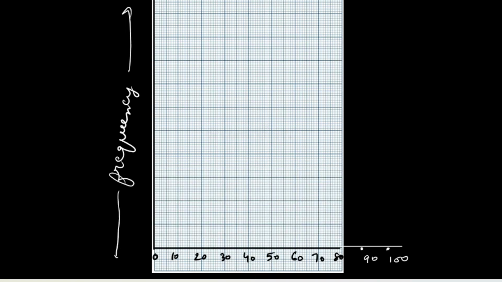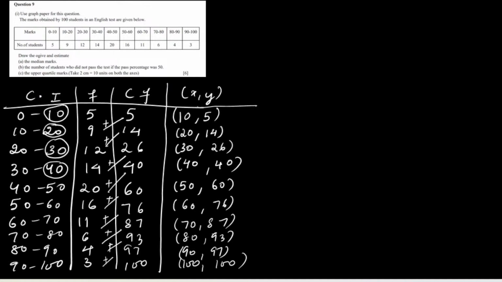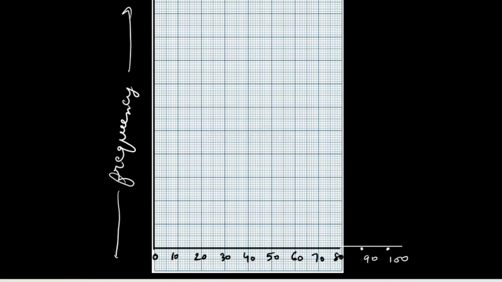Now frequencies we have to see along the y-axis. The frequencies go up to 100, so we can take the same 10 differences. So this will become 10, 20, 30, 40, 50, 60, 70, 80, 90, 100.